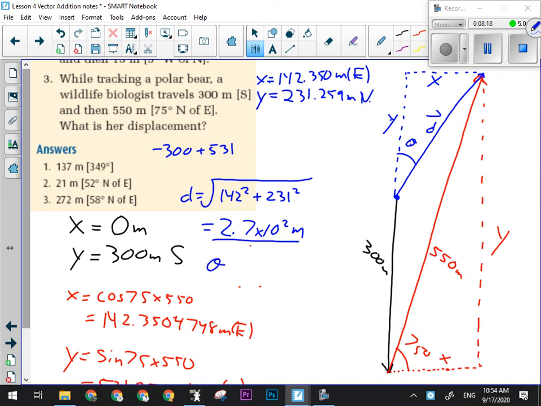Okay, so to get theta, I'm going to go tan to the minus 1 of my opposite side, which was x, so that'll be the 142 point whatever, divided by y, which is the 231 point whatever. Okay, and we'll put all those numbers in.